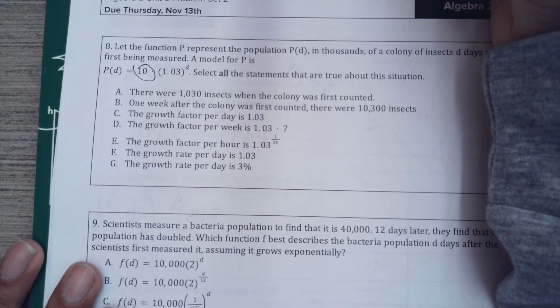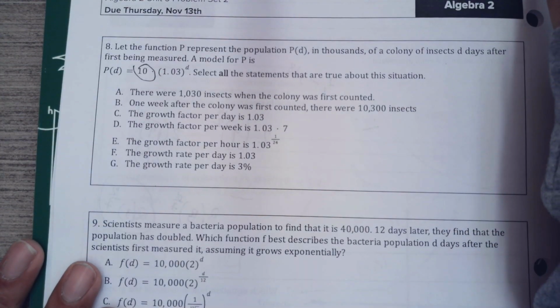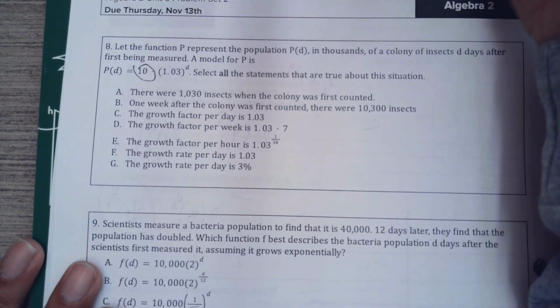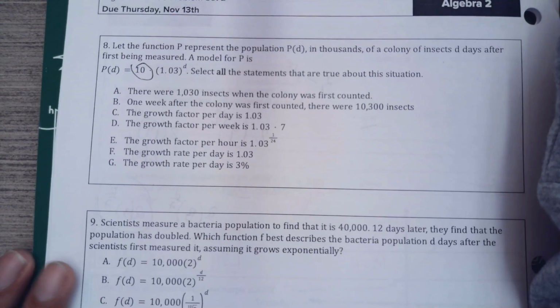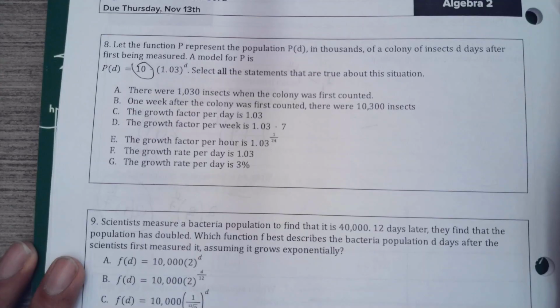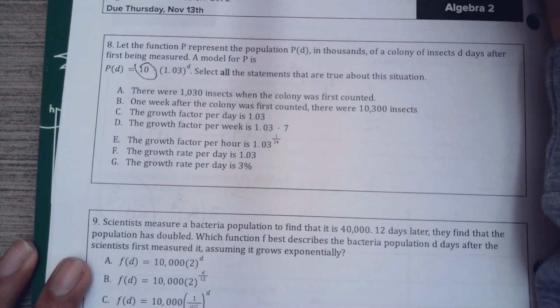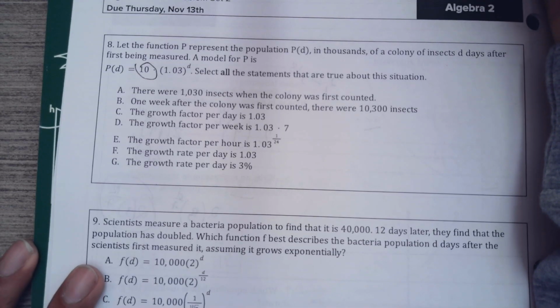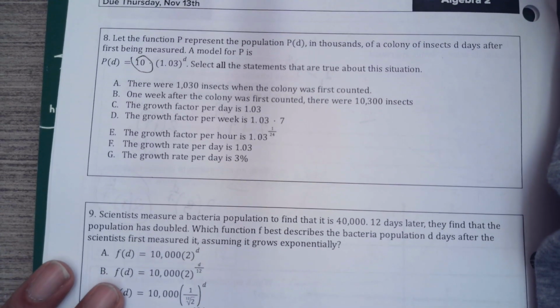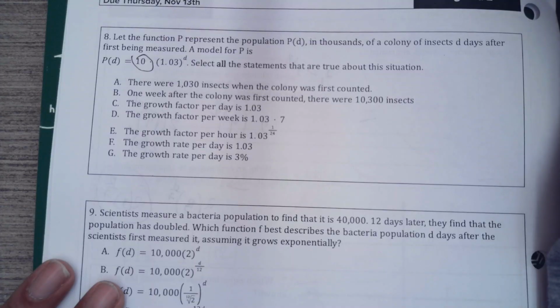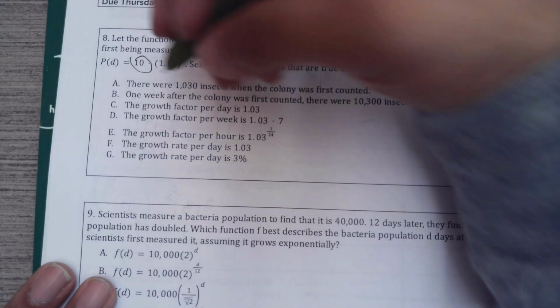It should be whatever that is, like 10,000 or 1,000, whatever, okay. But it should not be 1030, because that's after the first day, not on the first count.